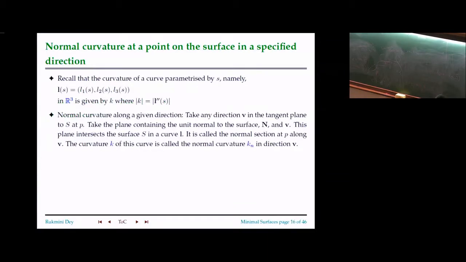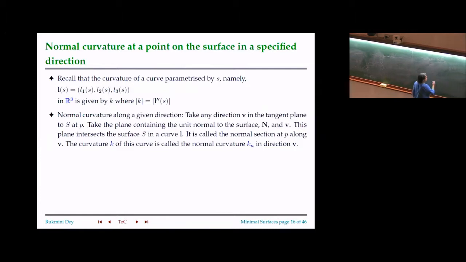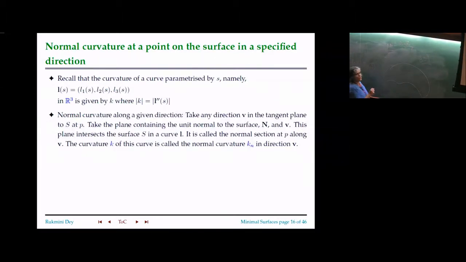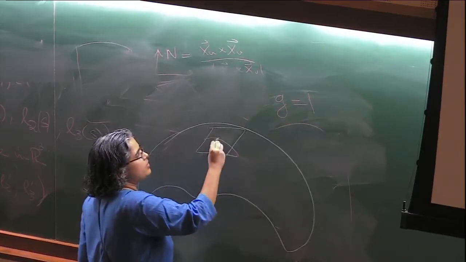Okay, now using this fact, we are going to try to define... So now we are on a surface, right? How do I even try to characterize curvature of a surface? You see there are all possible curves at a point. There are so many curves you can draw.